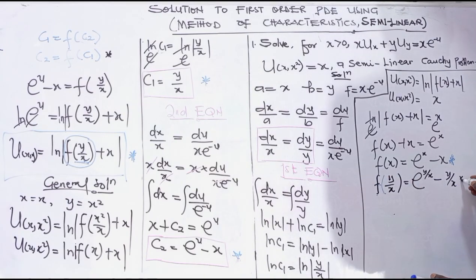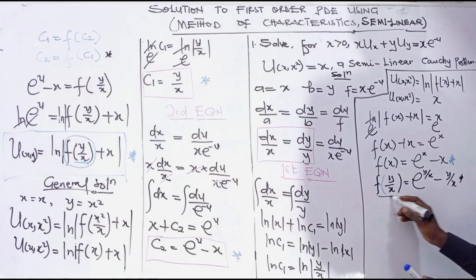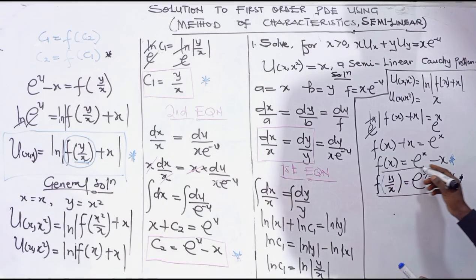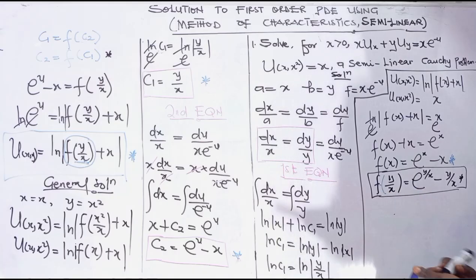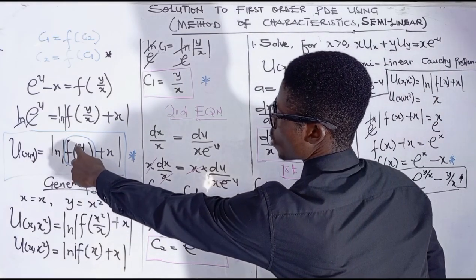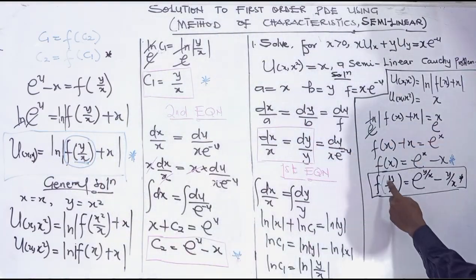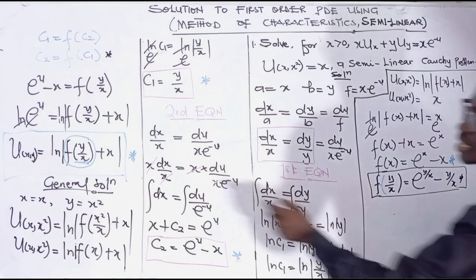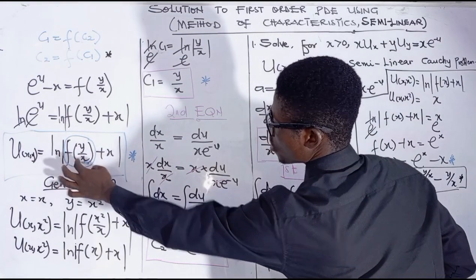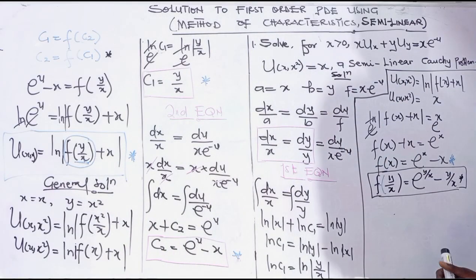So after plugging in this, we are going to replace this in the general solution, because in the general solution we have f at y over x, and we are saying that f at y over x is equal to this. So we are going to replace this in place of f at y over x. Very, very easy and simple.